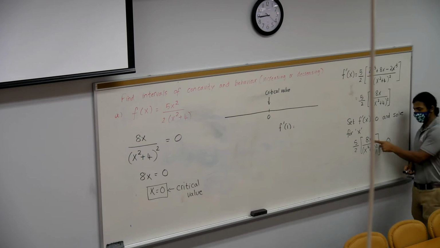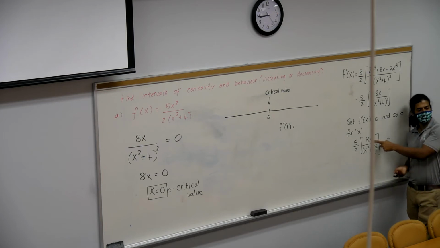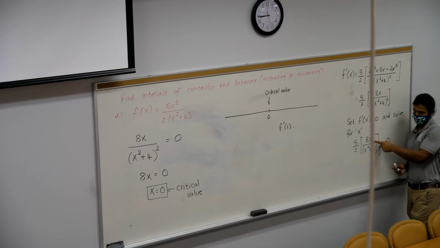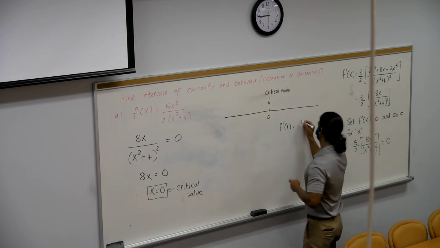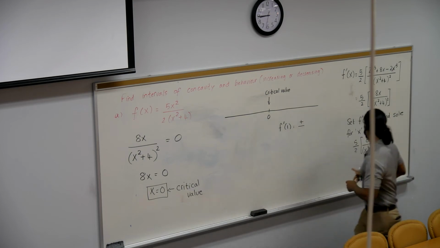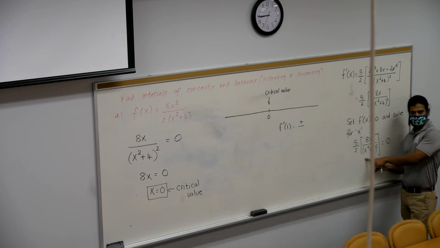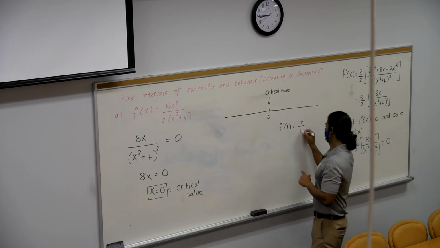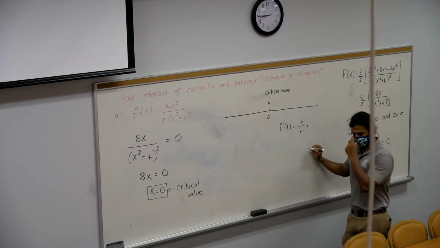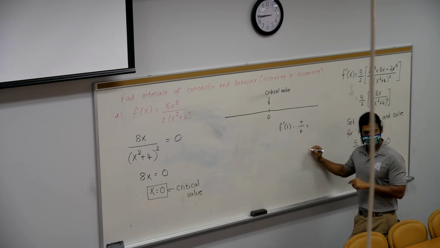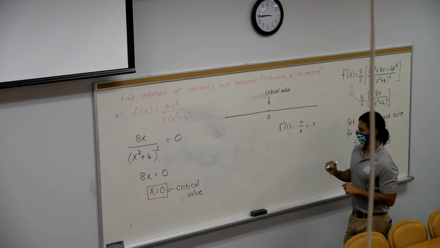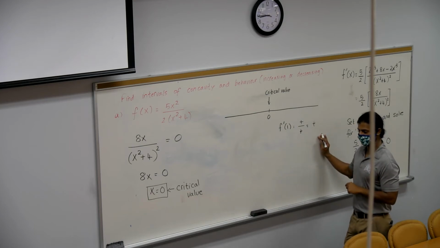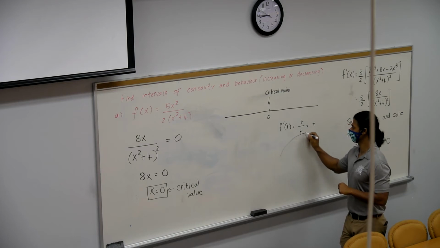So when I plug in 1 here, what sign would I get? Positive or negative? Positive. The denominator is a square, so no matter what I put in, my answer is going to be positive. A positive number divided by a positive number would be positive, which means on this side it is increasing.